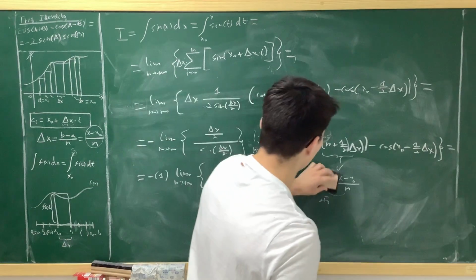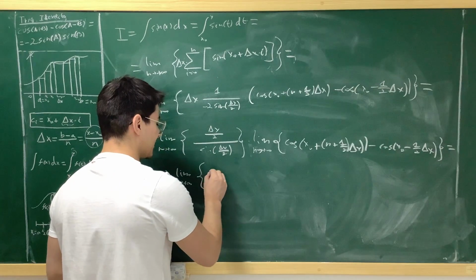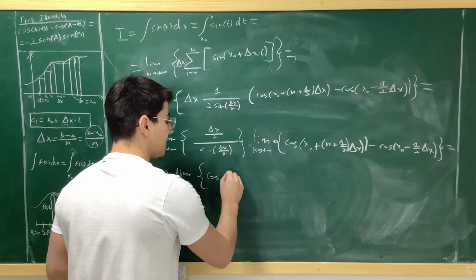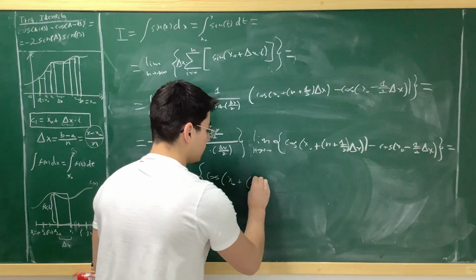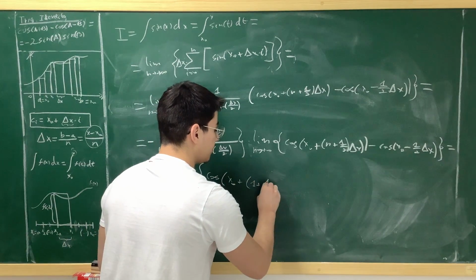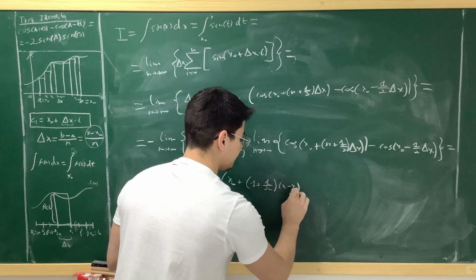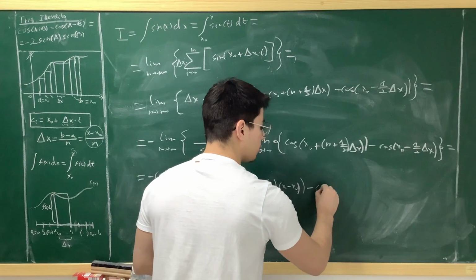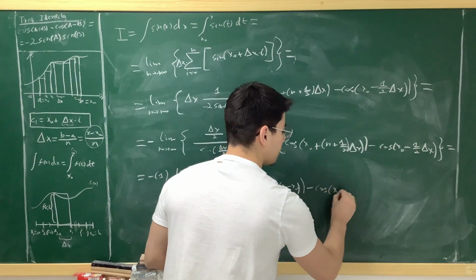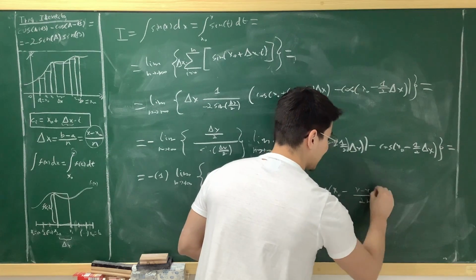Sorry for erasing it so fast. This is the cosine of x naught plus, distributing the n, 1 plus 1 over 2n times x minus x naught, minus the cosine of x naught minus x minus x naught over 2n.